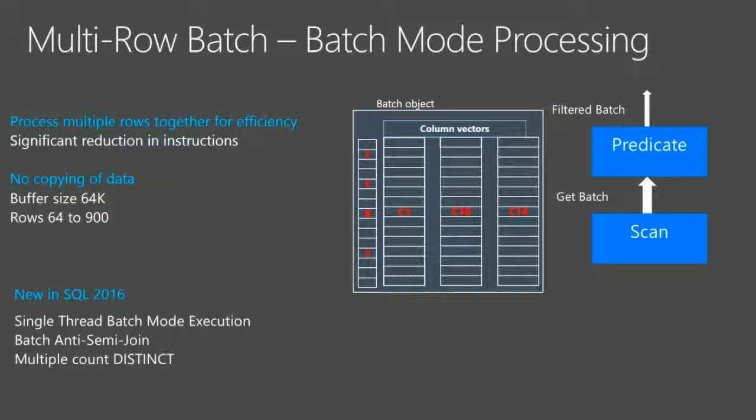We have batch mode execution for multiple distinct window aggregates. Now, window aggregates is something that is very commonly used because you want to have running totals, you want to do batch processing, batch window batching. This operator or the set of operators were running in the row mode. They were not taking advantage of batch mode processing.